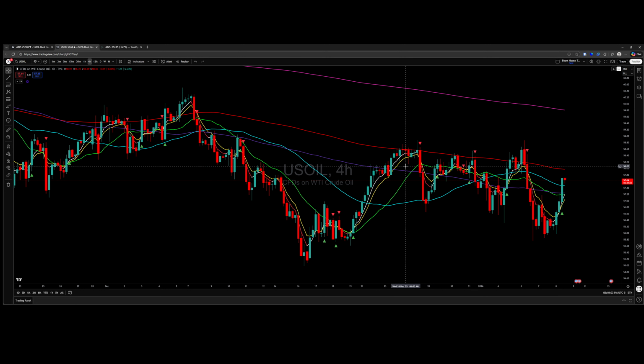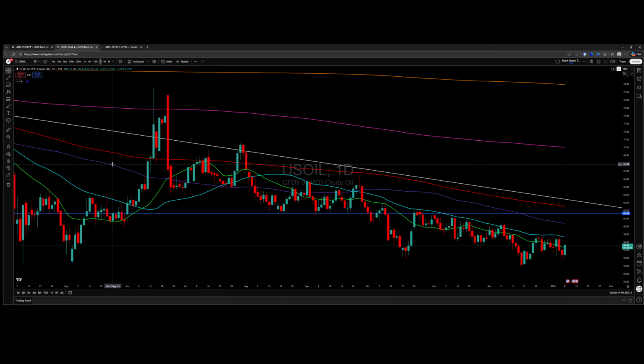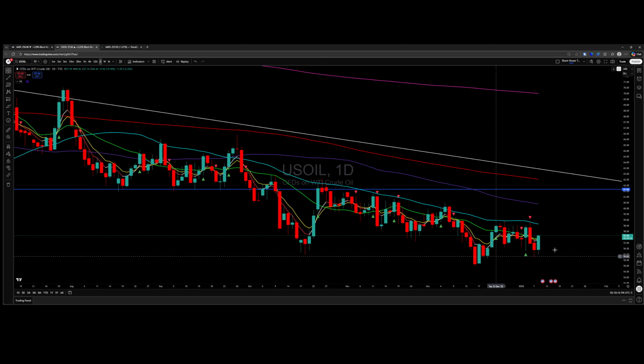The probabilities after several tests of it breaking, of it going through, start to rise, right? And if you get that breakthrough on that 4-hour chart, keep in mind, you're already in profit on this candle. And let's say hypothetically that tomorrow's candle's green and it triggers a signal, and you break through the 50 after testing it all these times.